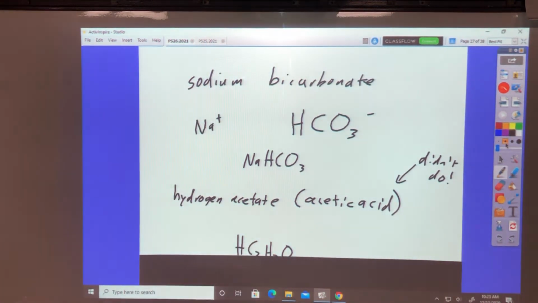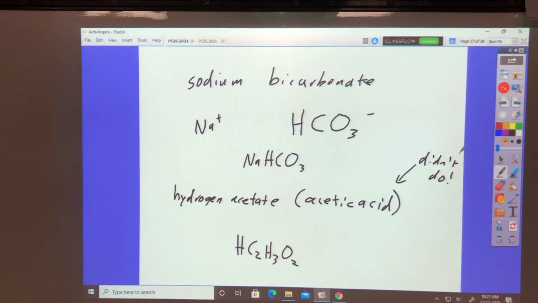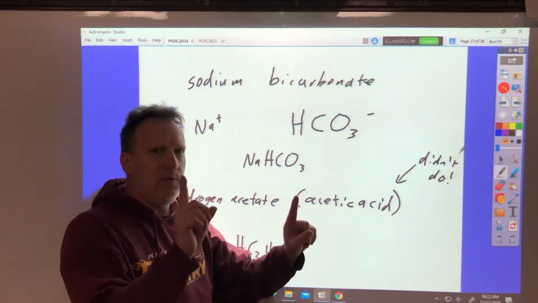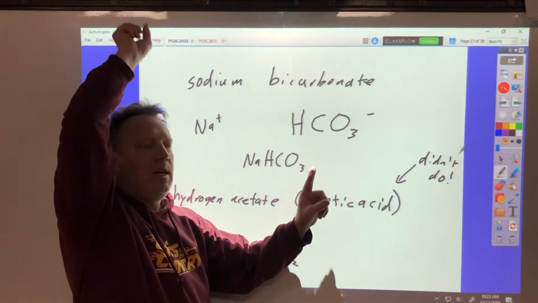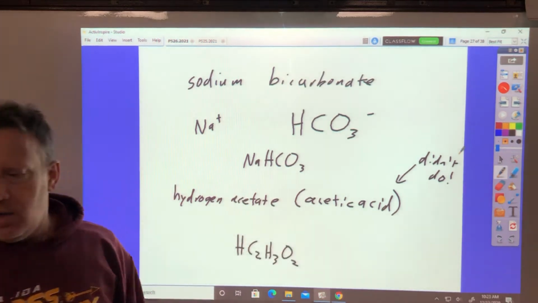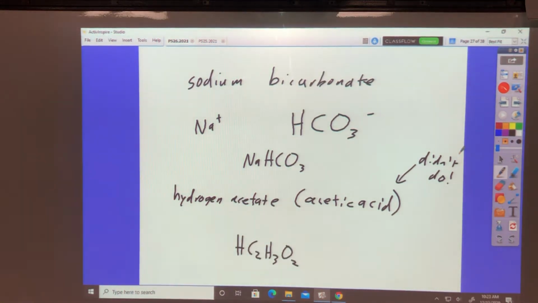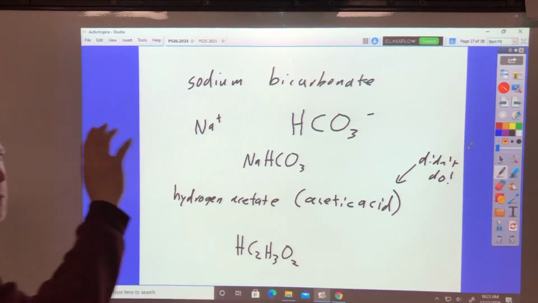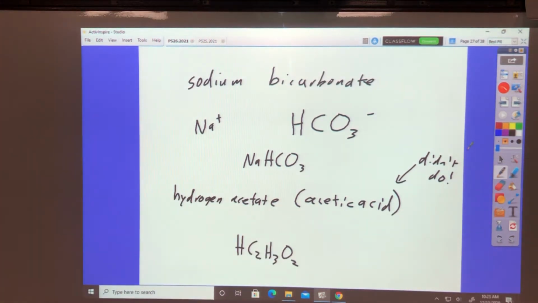You put them together, acetate ion is C2H3O2 minus, took 1. Hydrogen gives 1 because it's clear up at the top left. 1 of each, HC2H3O2. We'll talk more about this one several times in different chapters. Okay, which number was that? 47.